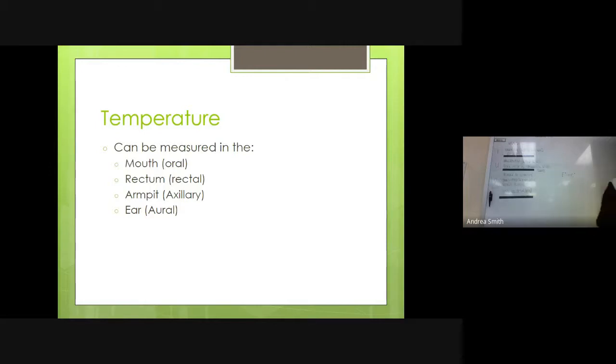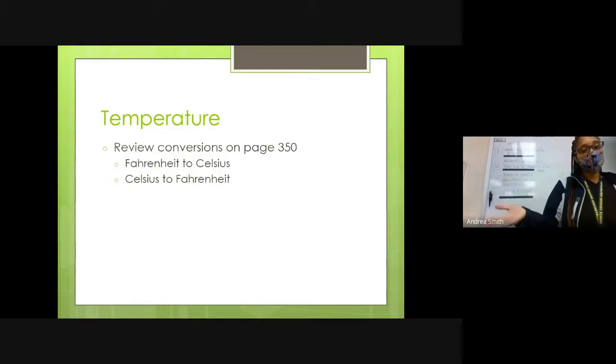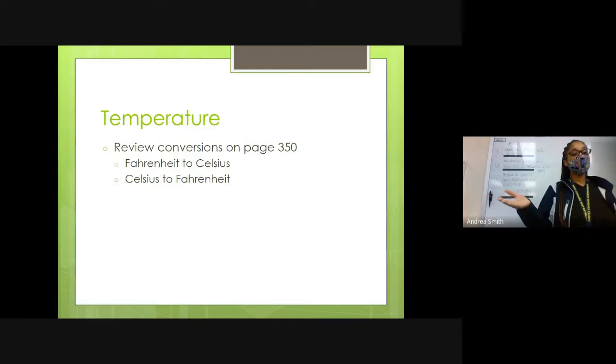So here is the conversion slide. It's just simply saying that you're going to review the conversions on how to do Fahrenheit to Celsius and vice versa, Celsius to Fahrenheit.